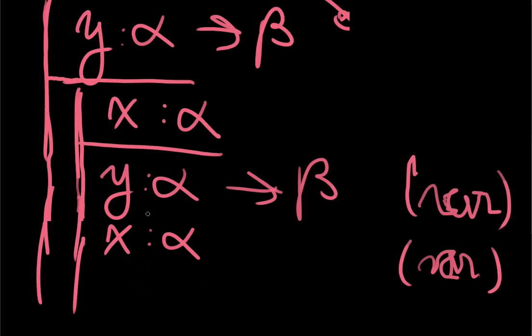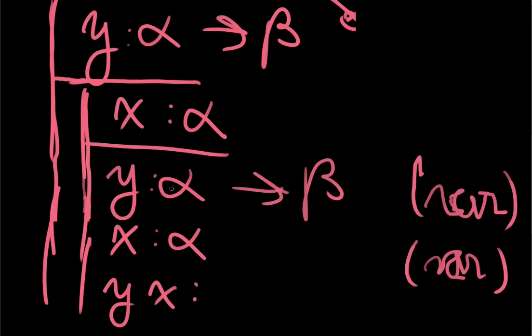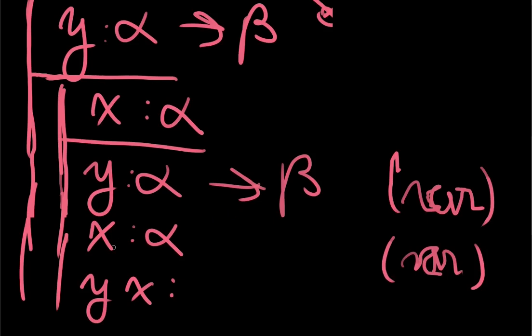Now we plug X into Y. So we have something that goes from alpha to beta. We plug an alpha into it, so we end up with a beta. And when you plug a variable into a function, you're using a rule called APPLY, which stands for apply.